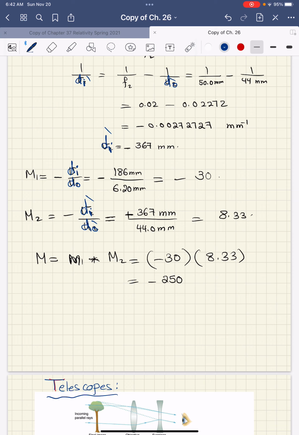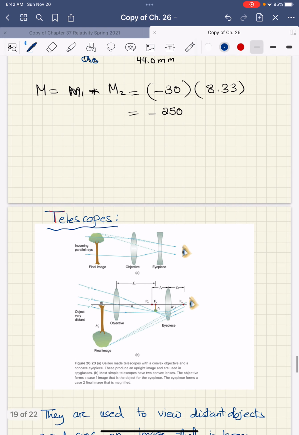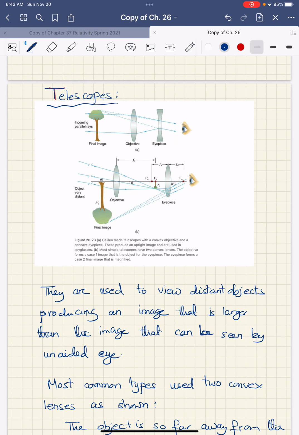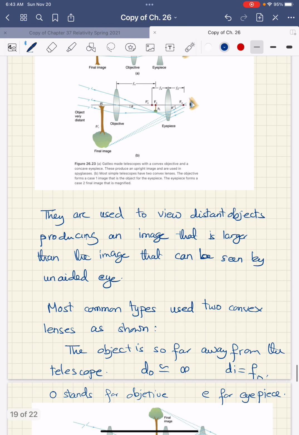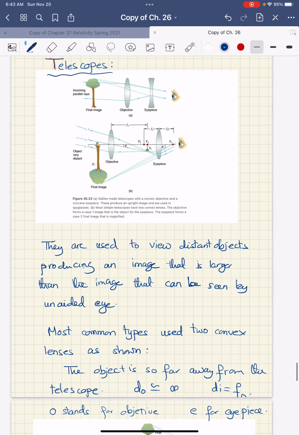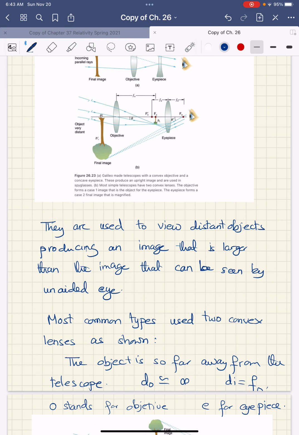Okay, telescopes are the same idea. They are used to view distant objects, producing an image that is larger than the image that can be seen by the unaided eye. You know that the most common types use two convex lenses as shown, and it is the same idea as the microscope.